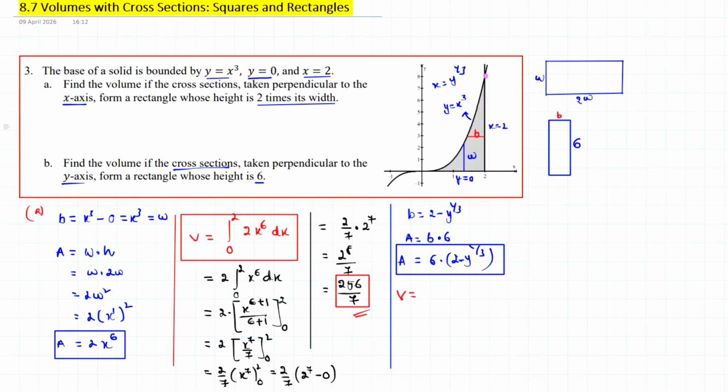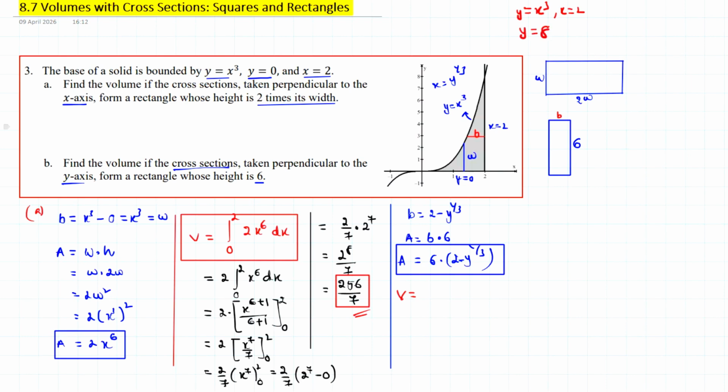So we have to find the intersection point of y equal to x cube and x equal to 2. When we plug in x equal to 2, we have y equal to 8.